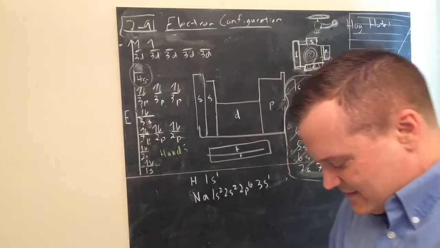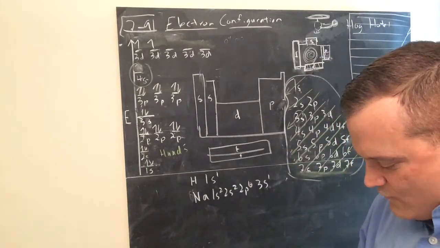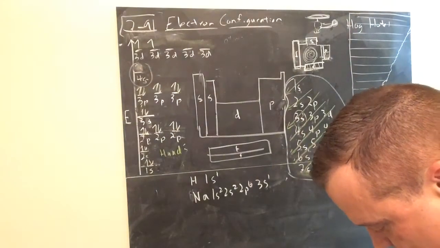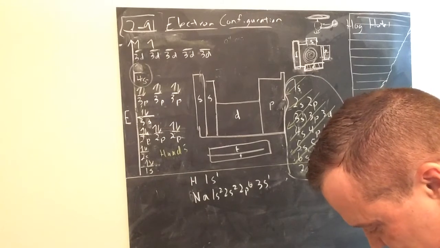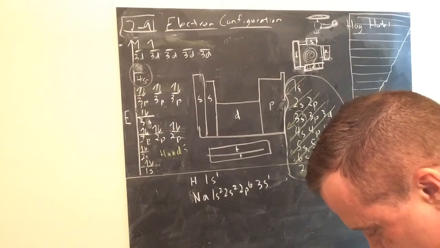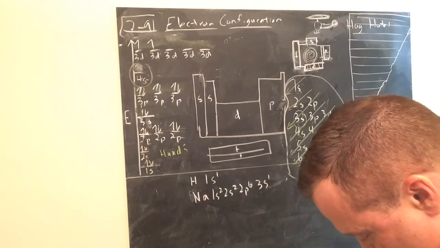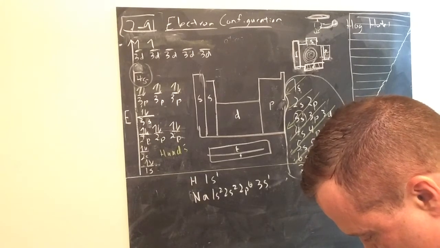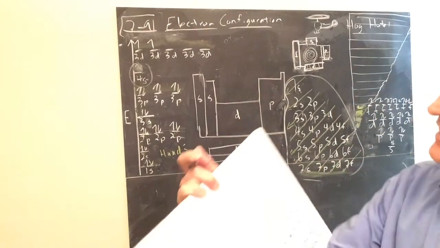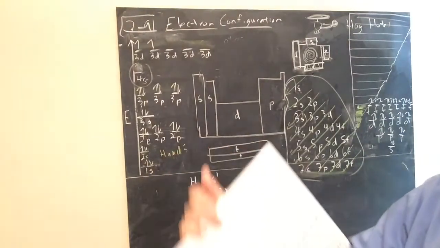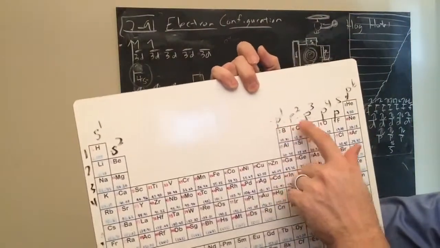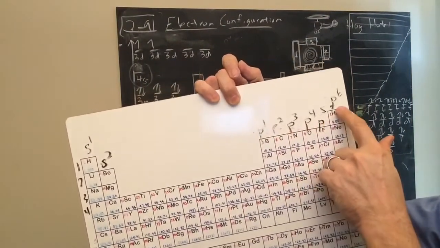Isn't that great? So, these are all P1, P2, P3, P4, P5, P6. I tried to write it the best I could with this pen running out of ink.